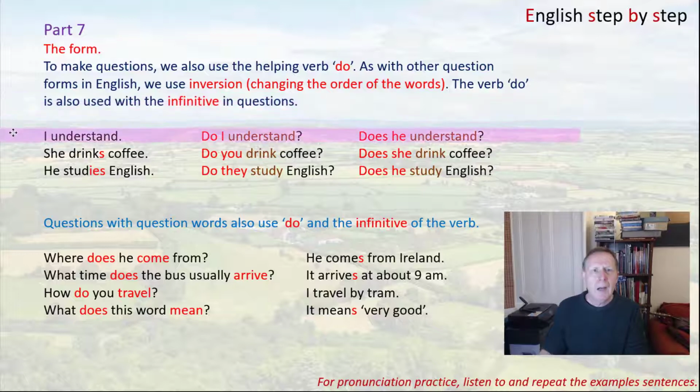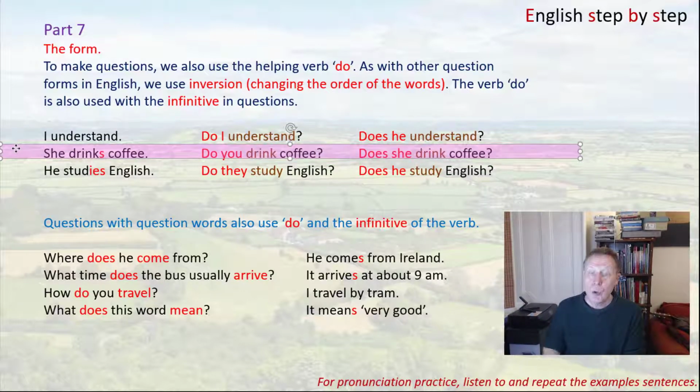Now here, I understand. And then the question, do I? Do I understand? And then in the third person singular, do changes to does. Does he understand? And the next example, she drinks coffee. Do you drink coffee? And then third person singular, does she drink coffee?